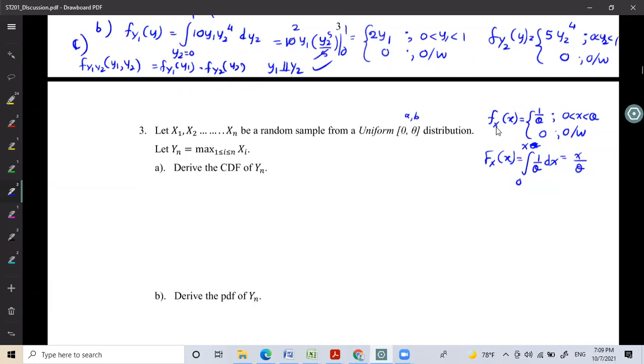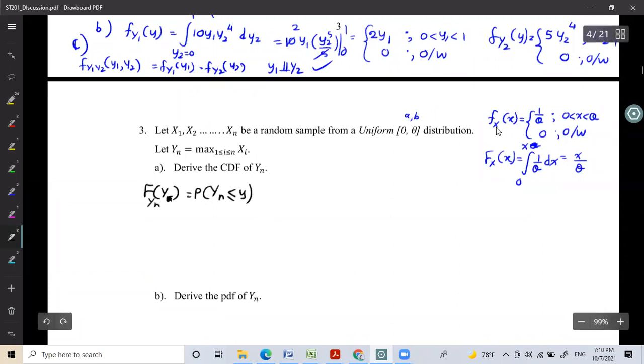Now the question is about the maximum of the Xs. Yn is the max of the Xs. You have to derive the CDF of Yn. When you have to derive it, you have to start from the basics. The CDF of Yn is capital F Yn of y, which is the probability that Yn is less than or equal to y.